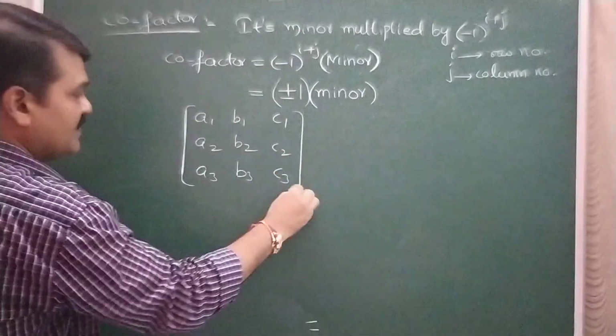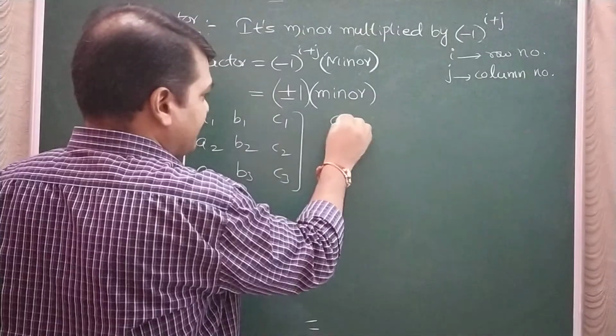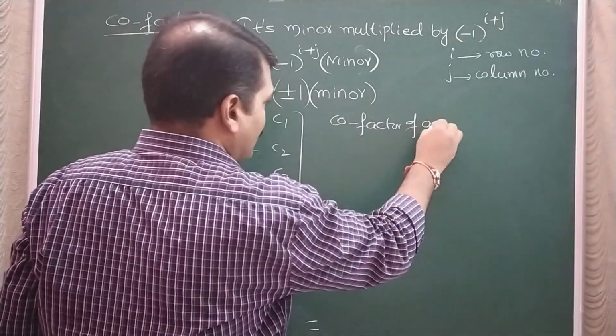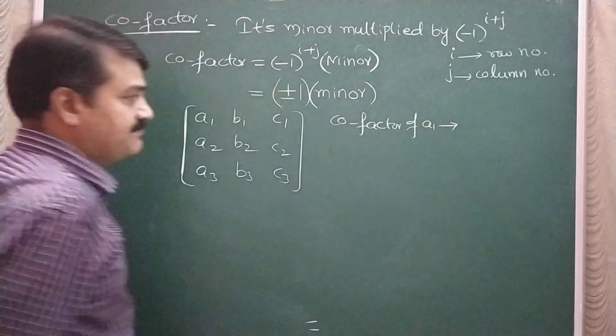So how you are going to find cofactor? Let us see. For example, you have a matrix like this. I want cofactor of A1, cofactor of first element.